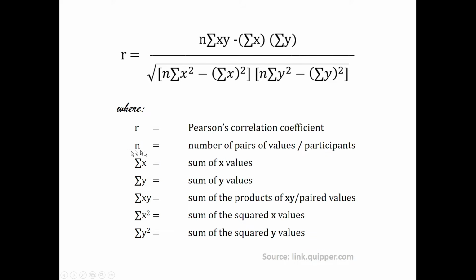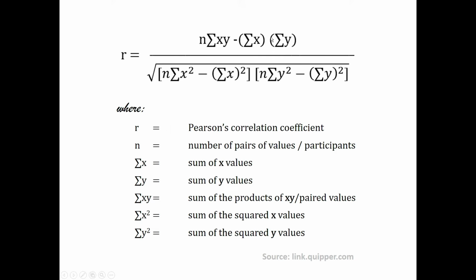Then we have the sum of X values. This is the symbol for the sum of X values. You can find it in this formula. And then the sum of Y values, alright? Then the sum of XY, the sum of the products of XY. You can find it here.